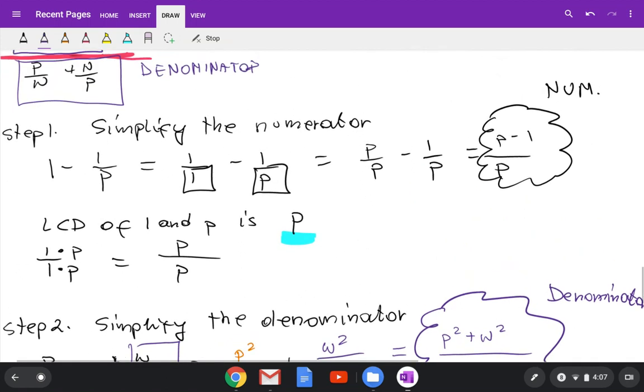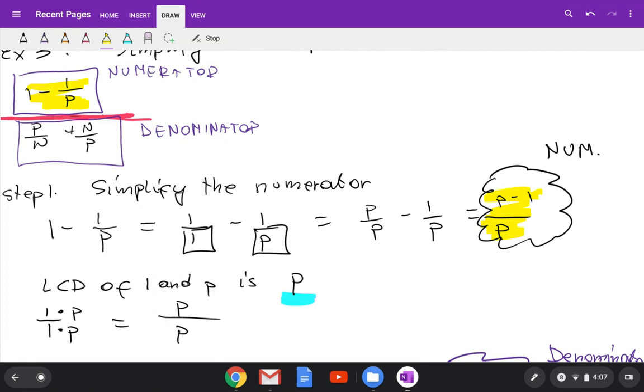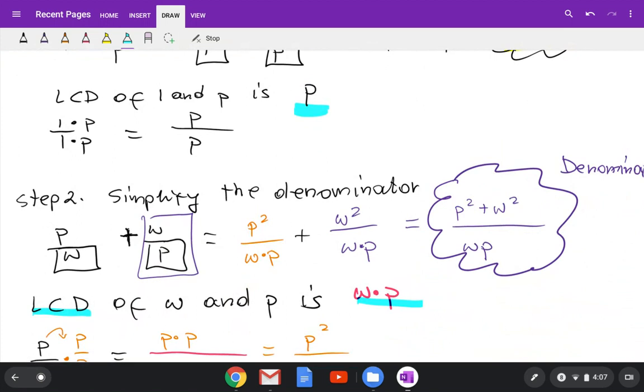So what we just did: the numerator, 1 minus 1 over p, we simplified, we did all those steps, and this is what we end up with. The denominator, pw plus wp, we simplify, and this is what we end up with.